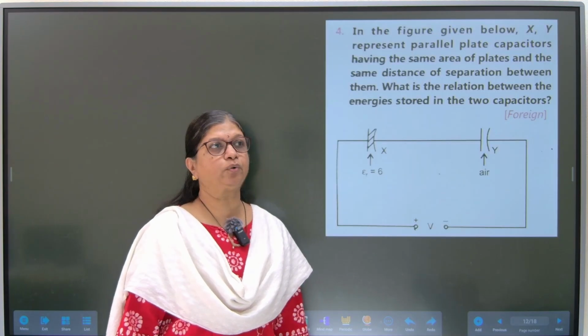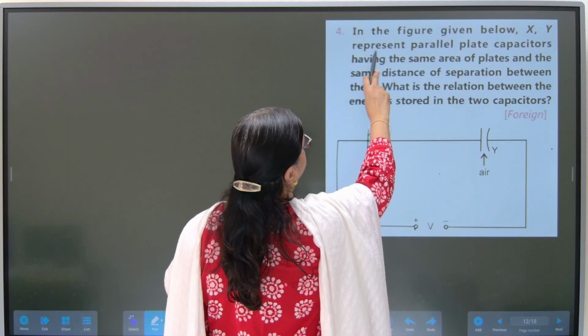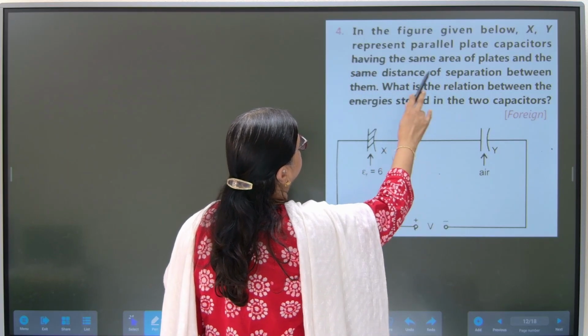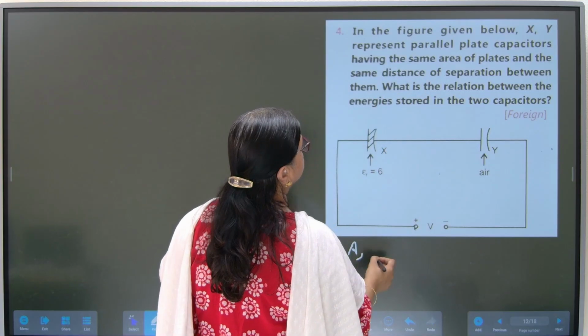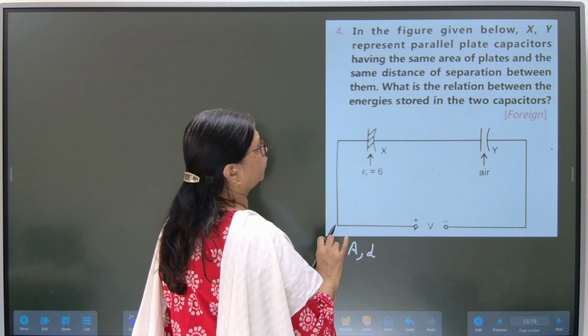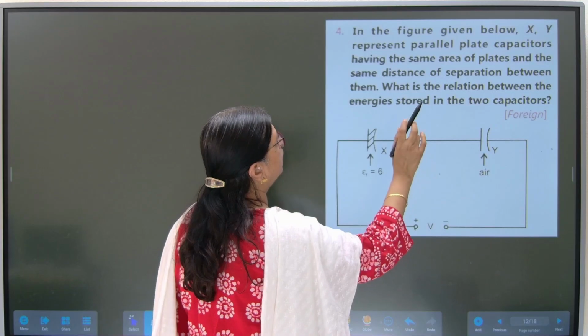Here we have a question in which it is given in the figure below X and Y represent parallel plate capacitors having the same area and the same distance of separation, means A and D are same for both of them. What is the relation between energy stored in the two capacitors?